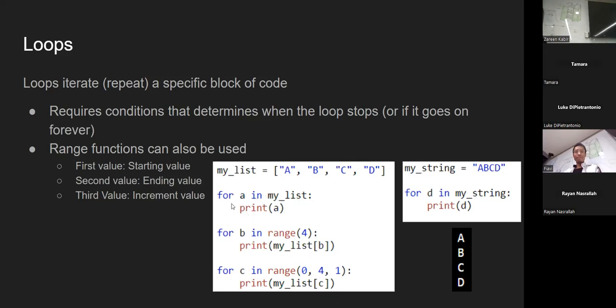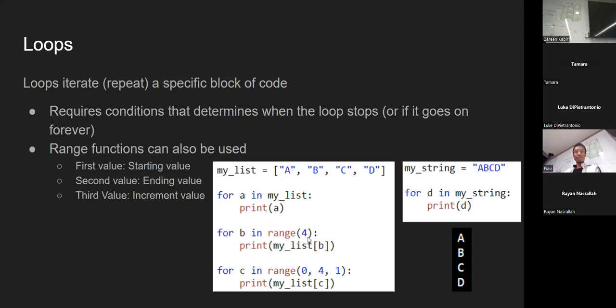The A over here, you can put anything in there, like B, C, or apple. It's just like a variable name. Or you can use the range function, which has a lot of different uses. You can put one number in it, and it will only iterate through that number. So if you put 4, it'll iterate 4 times.